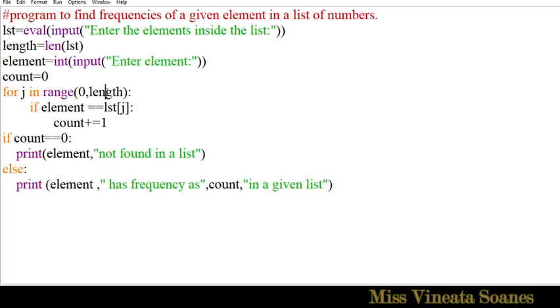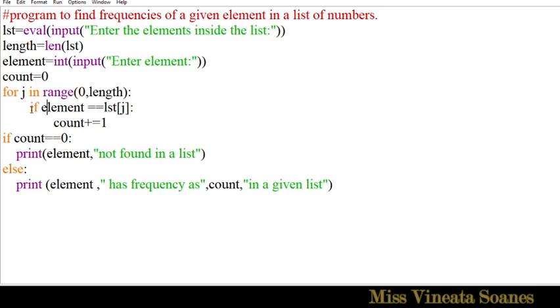If there are 5 elements in this list, 5 will come here and 5 minus 1 will be 4, and 0 to 4 will mean 5 elements. That's the motive behind this, that's why we're giving 0, so that it starts from 0 and goes up to less than this length.